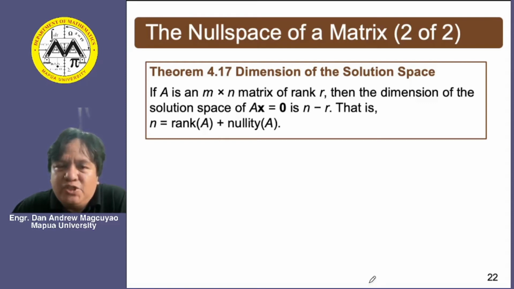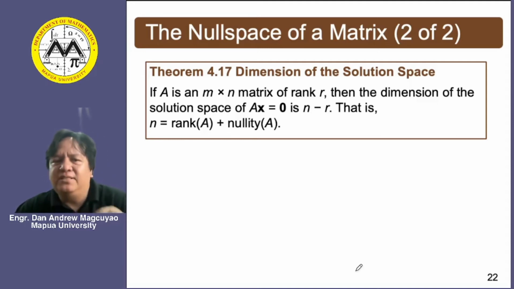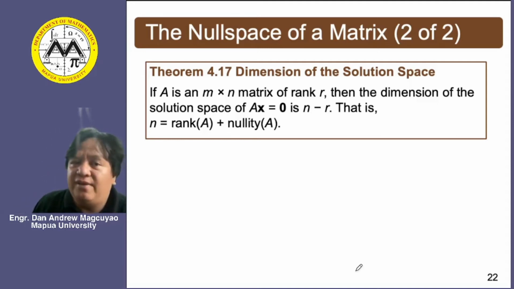Now, for the dimension of the solution space, if A is an m by n matrix of rank R, then the dimension of the solution space of AX equals 0 is n minus R. That is, n is equal to rank of A plus nullity of A. So n is the number of elements in the vector space.